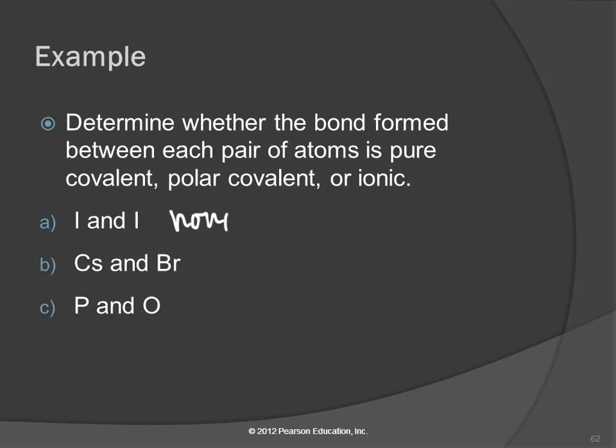So that's nonpolar or pure covalent. How about between cesium and bromine? Ionic, because cesium is a metal. A metal and a nonmetal make ionic bonds. How about phosphorus and oxygen? Polar covalent. Okay?